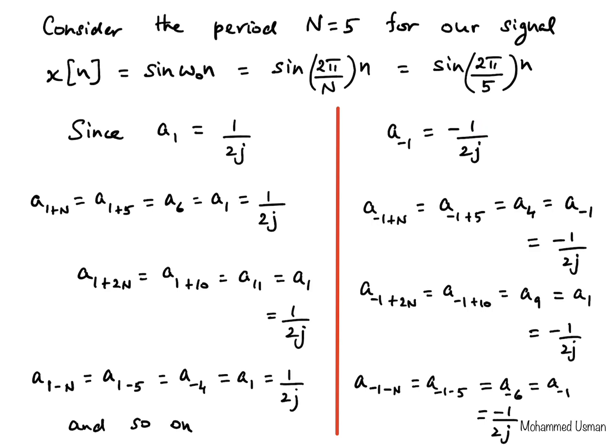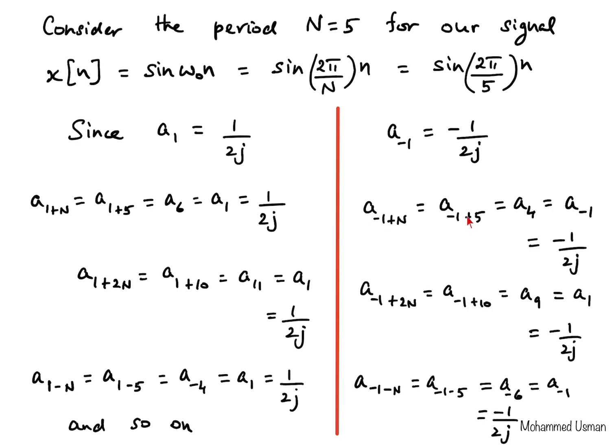Based on that, we know that these a k's are periodic. So a1 plus n, where n is 5 now, is a6, and that will be the same as a1, which is 1 by 2j, because a k plus n is equal to a k. So k in this case is 1 and n is 5. So a6 is the same as a1.